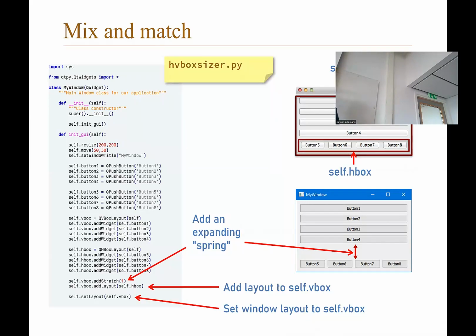Then I have a horizontal sizer that I've added here as the last row. And that arranges these controls in this direction here. Then you can also add springs. So if I don't want these buttons to fill up the entire space, I can put a spring here that pushes this button up on top, and that is called add stretch.